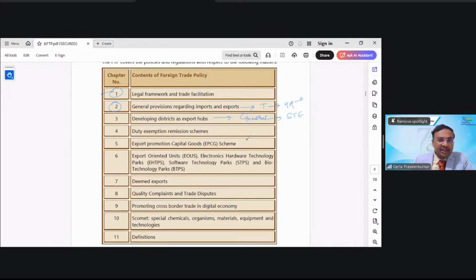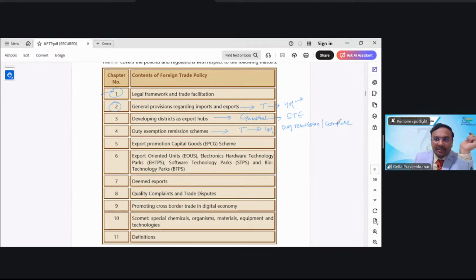Coming back, duty exemption remission schemes. This is one important area where you get a theory question for 4 marks: examine the duty remission schemes available, or compare the available models, Advance Authorization and Duty-Free Import Authorization.